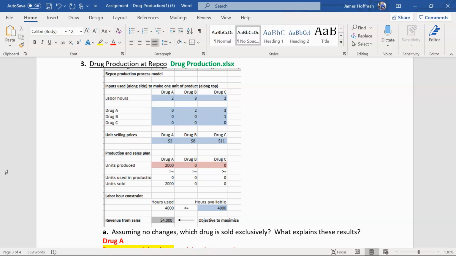So 12. You don't always just add these up. Each of these is 2, so 2 plus 2 is 4, plus 8 is 12. Dominic got 12. 2 drug A's, each taking 2 hours, so that's 4 plus 8 is 12.